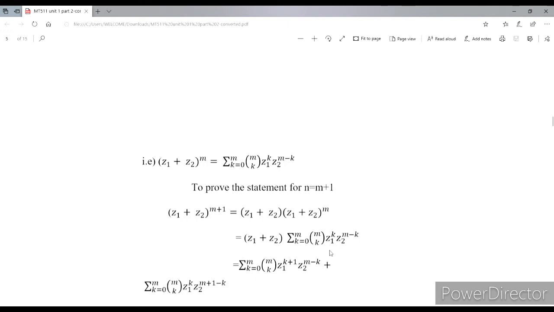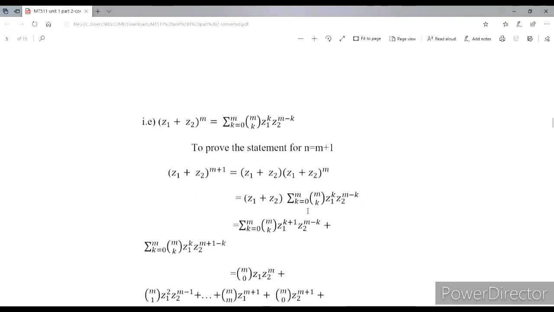Now we multiply. The first term: when we multiply by Z1, we get Z1 power k plus 1 into Z2 power m minus k. The second term: multiplying by Z2, you will get Z2 power m plus 1 minus k. We have m minus k, therefore m plus 1 minus k. We expand it.